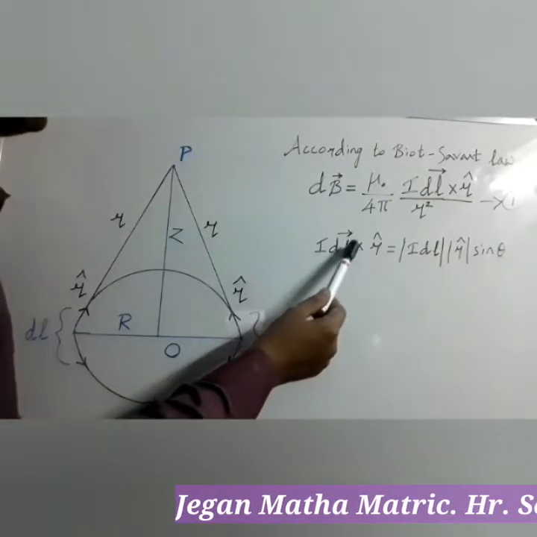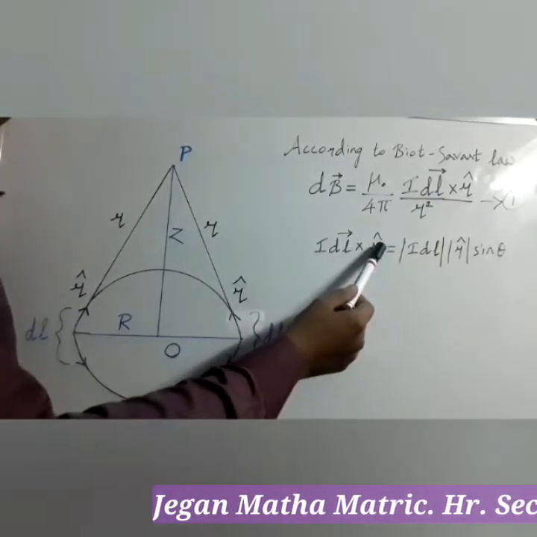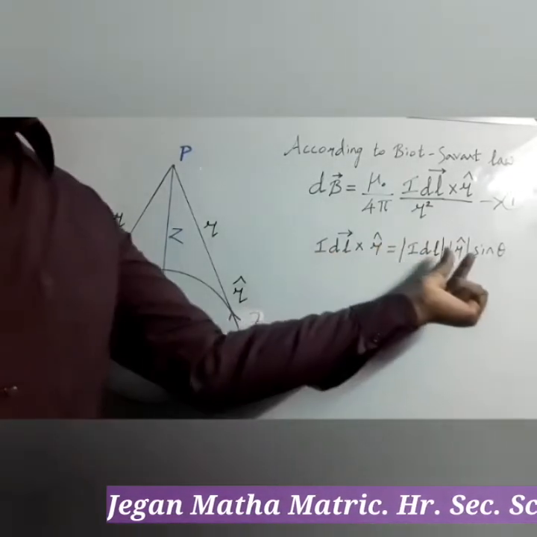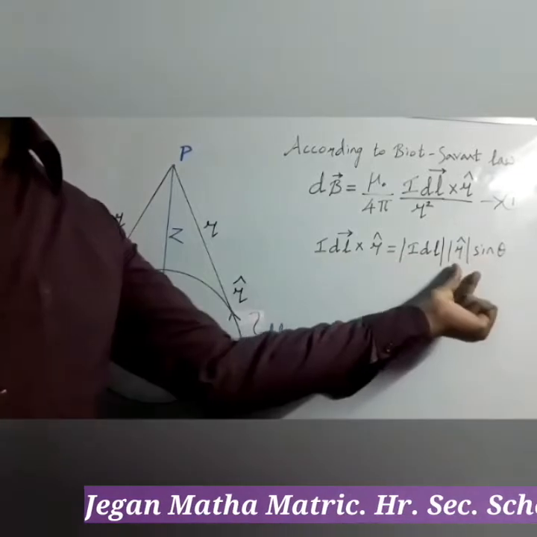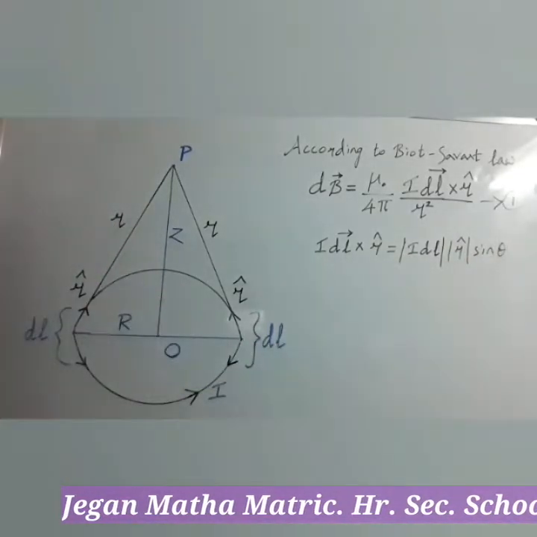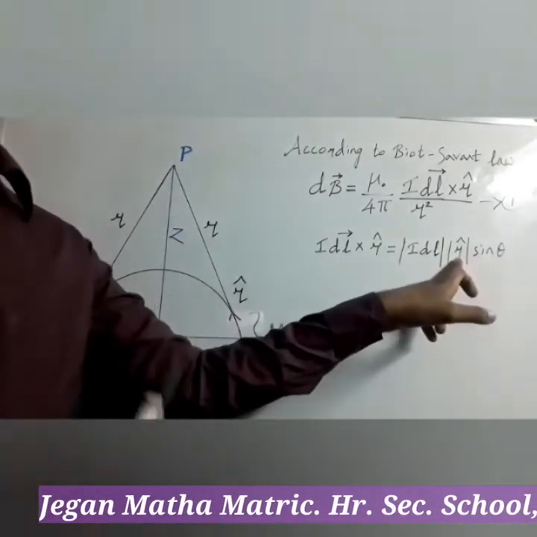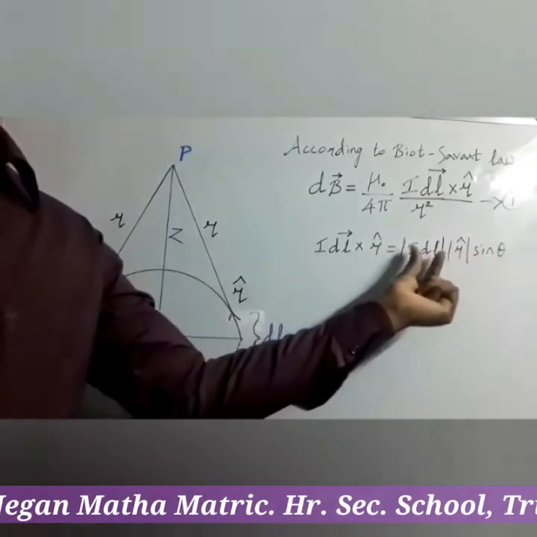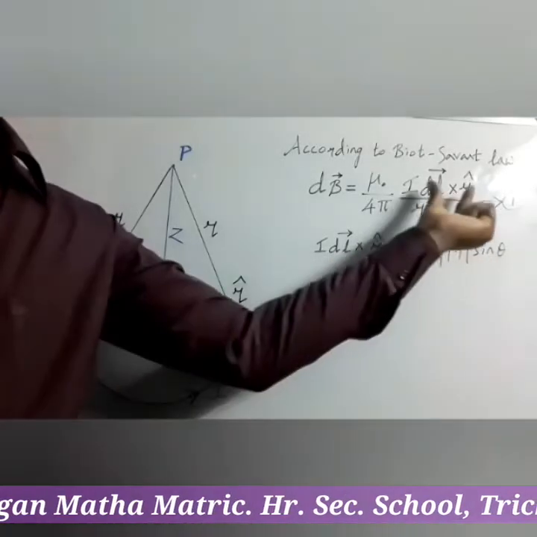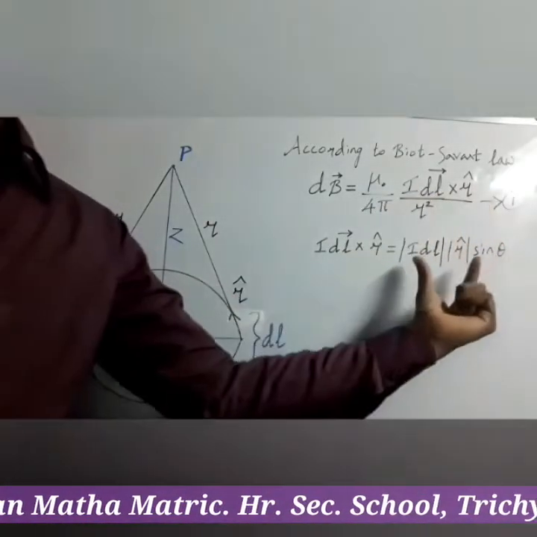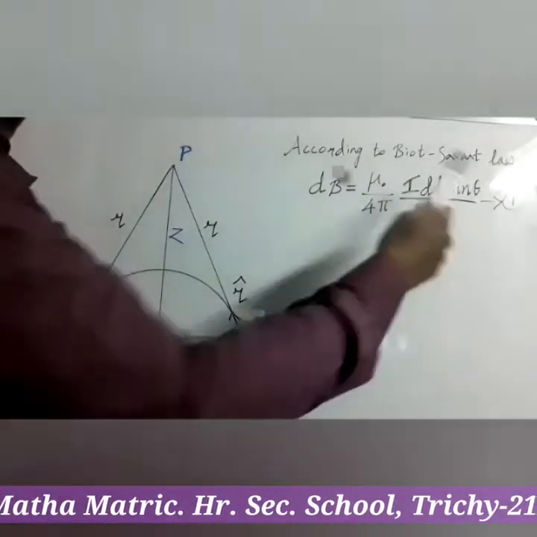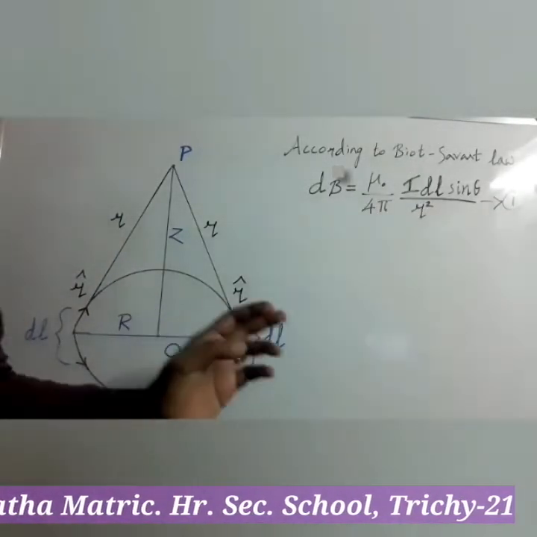So Idl cross R cap is equal to modulus of Idl into modulus of R cap and sin theta. In a vector product we have to write sin theta. What is the value of modulus of R cap? That is nothing but 1, so no need to write that. So modulus of Idl sin theta can be substituted in the first equation. Here I have applied the new value in equation 1, which we obtained from the cross product.